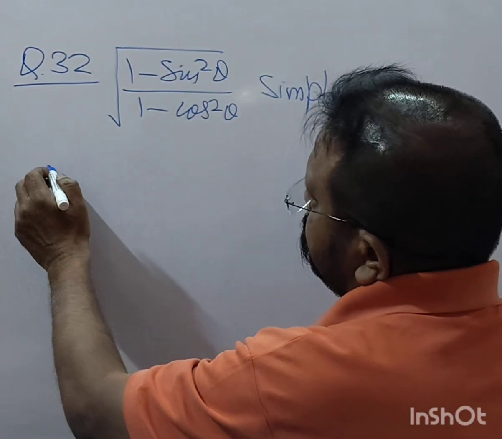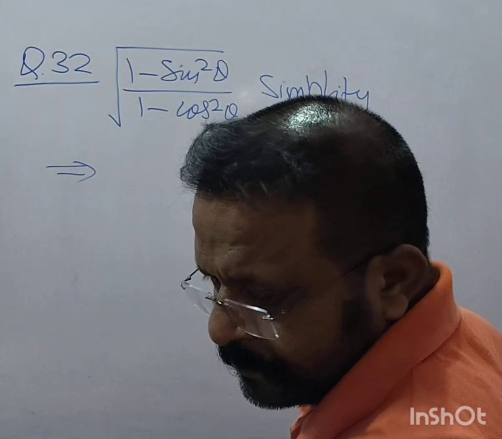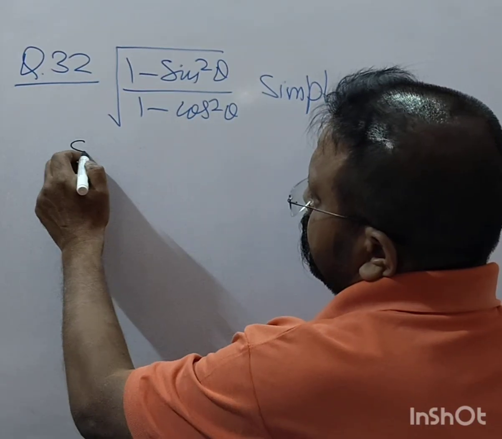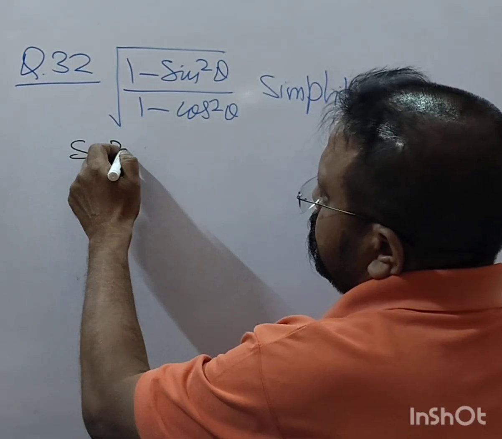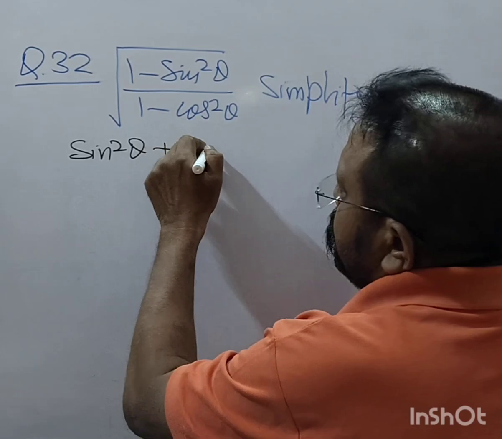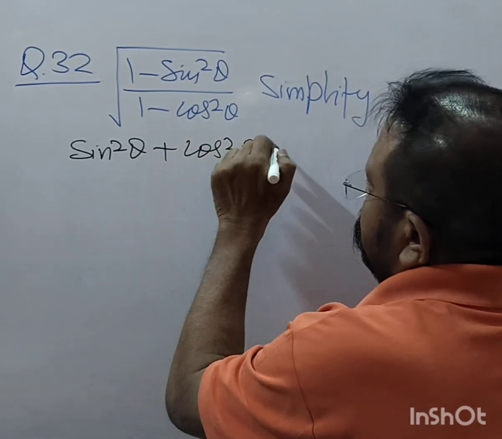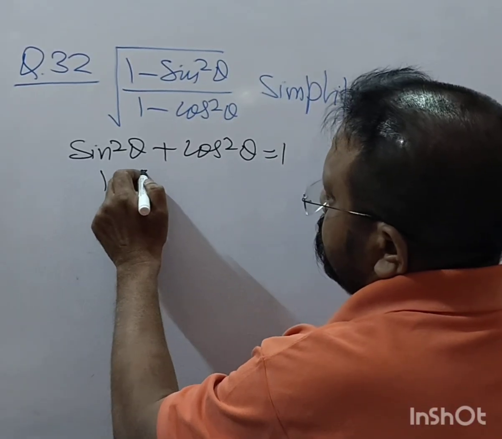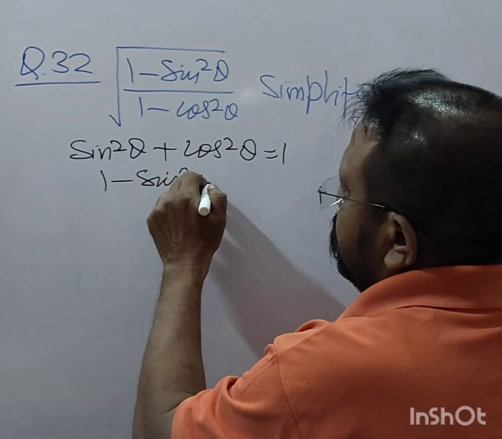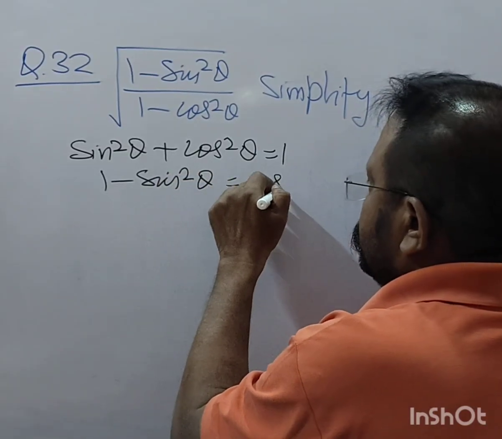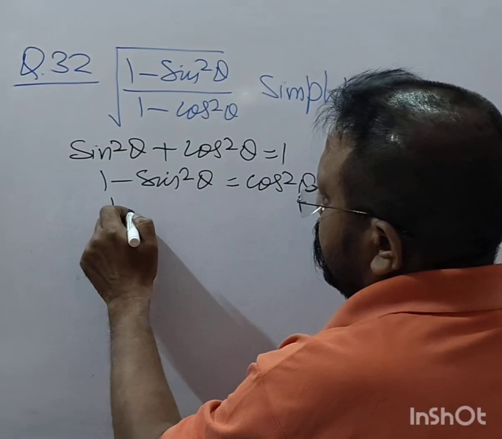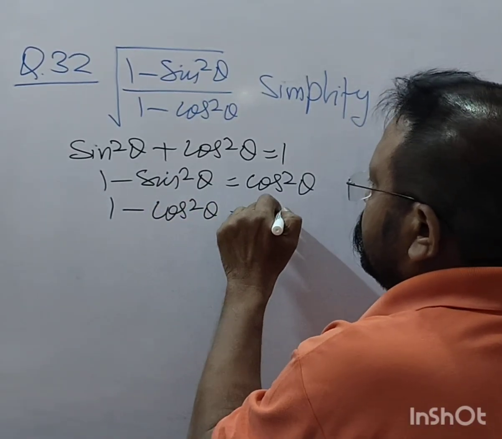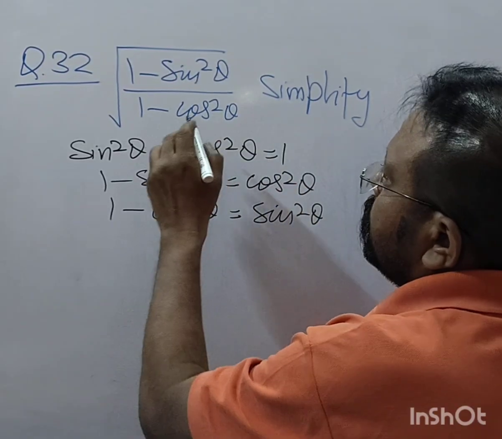You know what we can do here. We know that sin square theta plus cos square theta is equal to 1. So we can write 1 minus sin square theta is equal to cos square theta, or 1 minus cos square theta is equal to sin square theta.